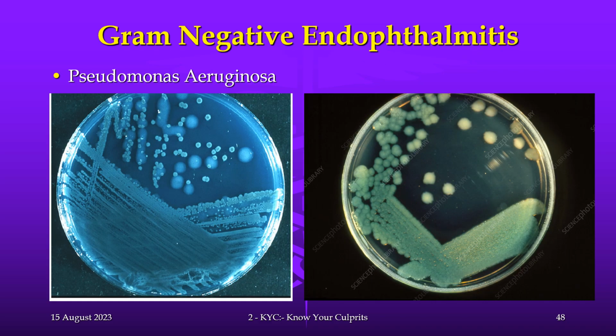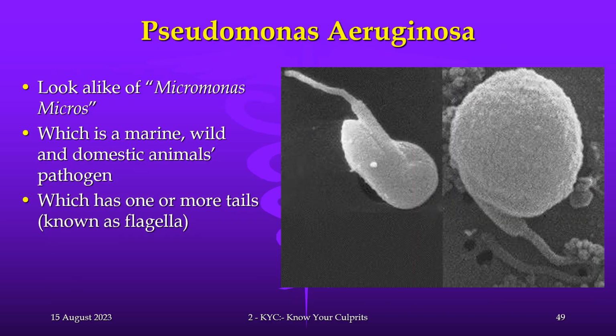Now the gram-negative bacterium of our concern causing endophthalmitis is Pseudomonas aeruginosa. Pseudomonas gets its name from Greek and Latin words. It looks like Micromonas micros, a pathogen of marine and wild and domestic animals, which has one or more tails known as flagella.